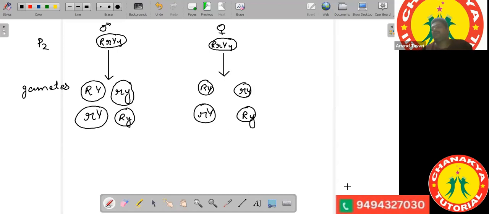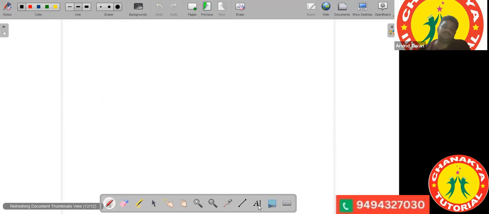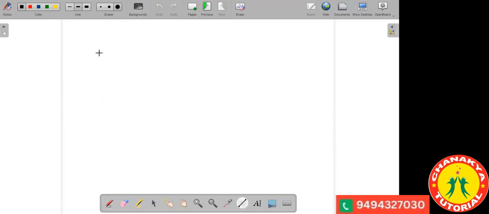Subha Charvik, can you make the Punnett square for them? Yes, sir. Okay.